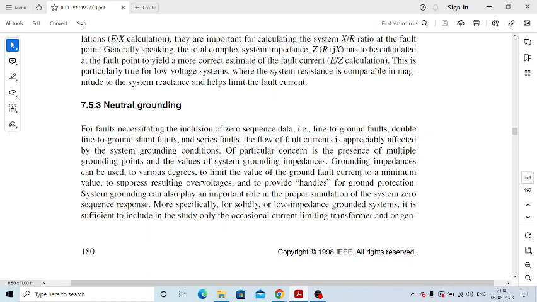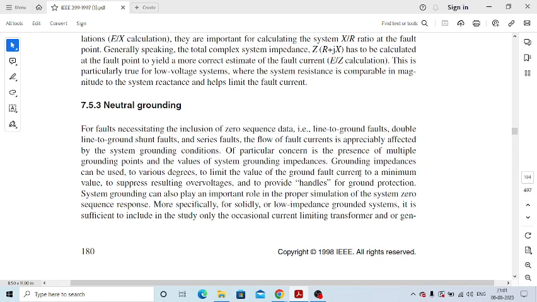In a solidly grounded system, the fault current magnitude will be higher, in kilo ampere. In an impedance grounding system, the fault current flowing through the ground will be in ampere, let's say 100 ampere or 500 ampere, mostly 500 ampere. The impedance in the grounding path is used to limit the fault current. That is one of the important things we need to consider.